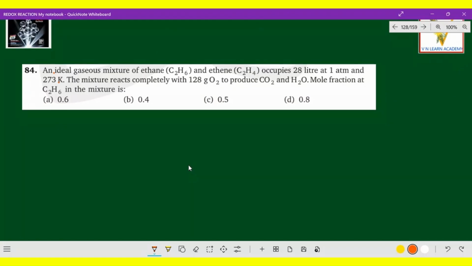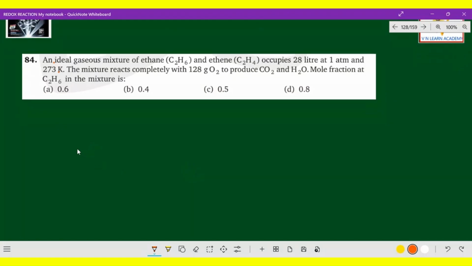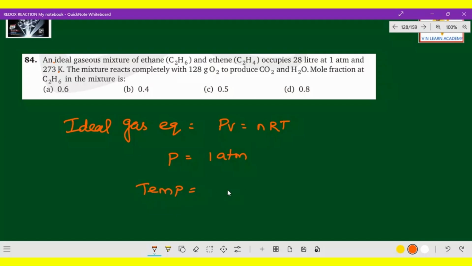Here they mention a gaseous mixture, so let us use the ideal gas equation. What is the ideal gas equation? PV equal to nRT. Here pressure, how much they have given? It is 1 atmospheric pressure, and temperature it is 273 Kelvin.